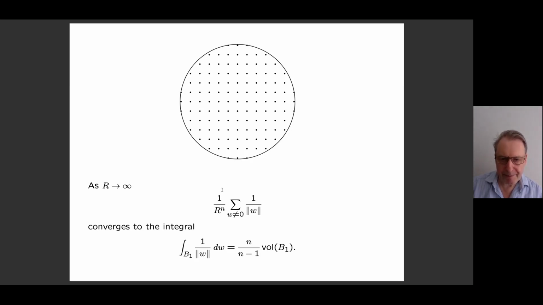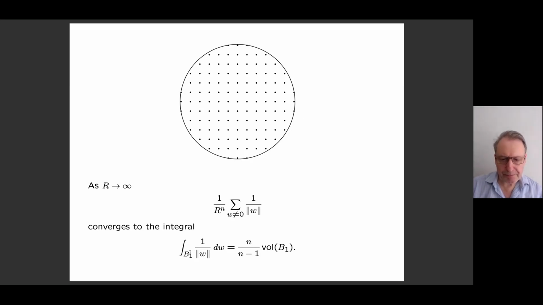The side length is 1 over R, so the volume is 1 over R to the n. So this is kind of a Riemann sum. I mean, strictly speaking, I'm being a bit naughty because I have to exclude 0, where this thing doesn't make sense. And of course, you're not really allowed to take Riemann integrals of unbounded functions, but you understand what I mean. It's like a Riemann sum. You can always exclude some tiny sphere in the middle and do the calculation that way.